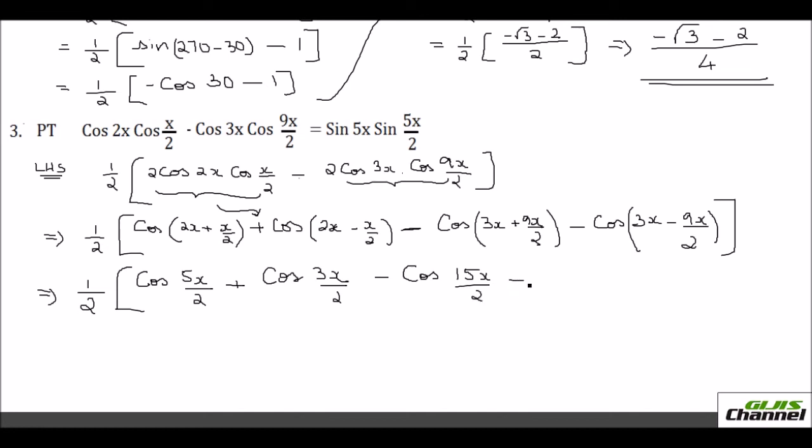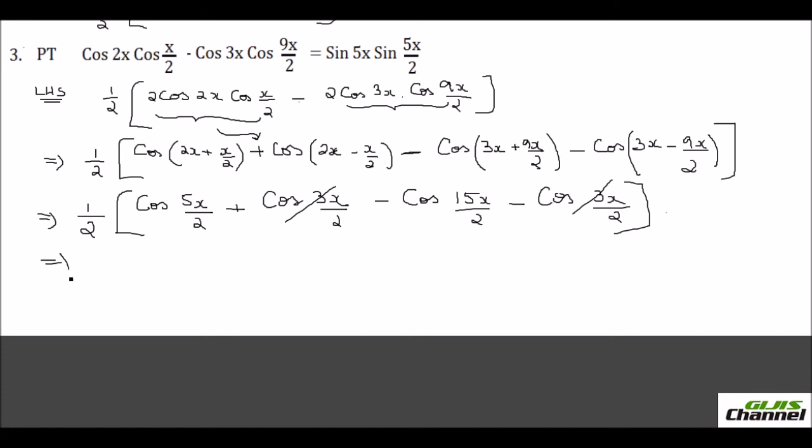And this is again minus cos 3x over 2. Okay. So this plus and this minus would get cancelled. You're left with half cos 5x over 2 minus cos 15x over 2.